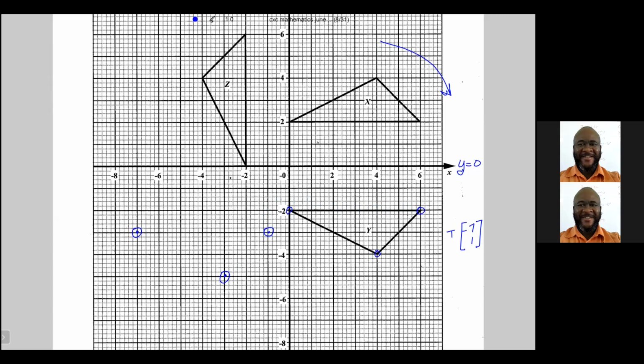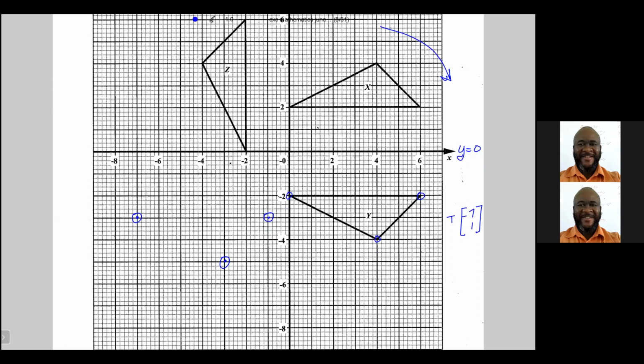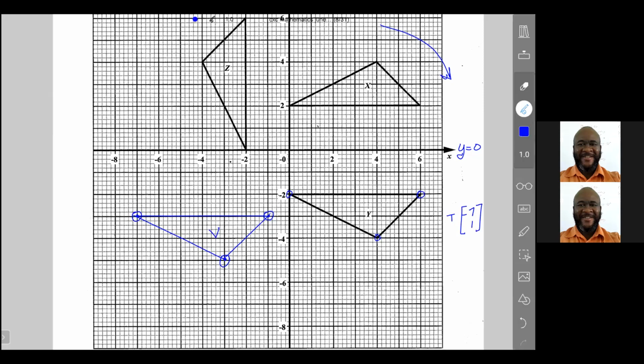Once you have moved all 3 vertices, you just need to use your ruler and your pencil to connect them. And as we're told, after we move it, we're to label the shape B. All right, so let's see what's next.